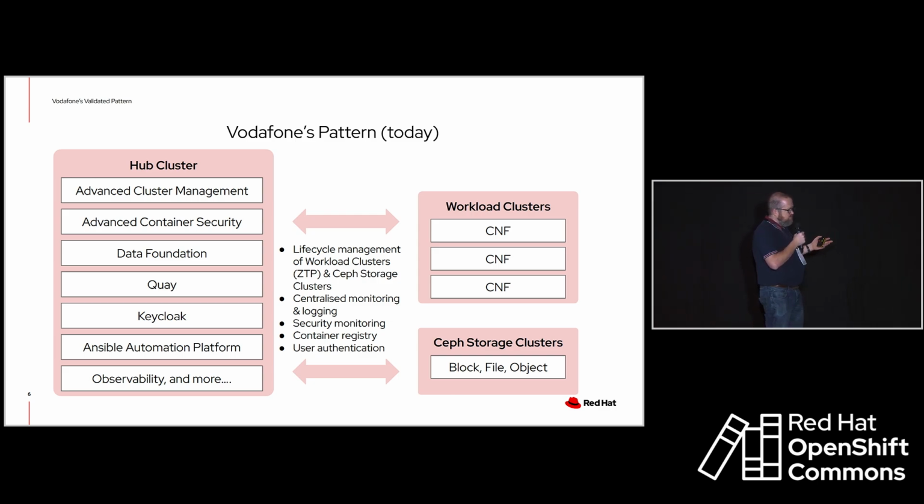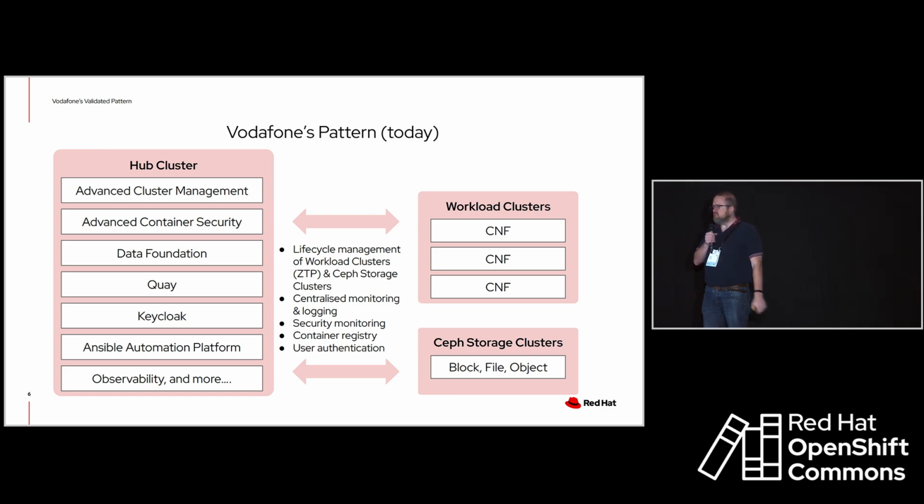And then we've got, as part of ACM, the observability suite. So all of the metrics, alerts, the logs that are produced by the workload clusters and the platform components within the workload clusters, they're all forwarded to the hub cluster centralized, so operations have a single view of everything they need to understand the state and health of the environment.